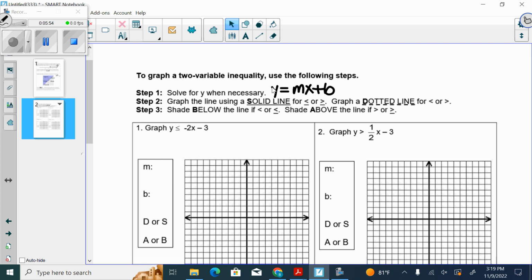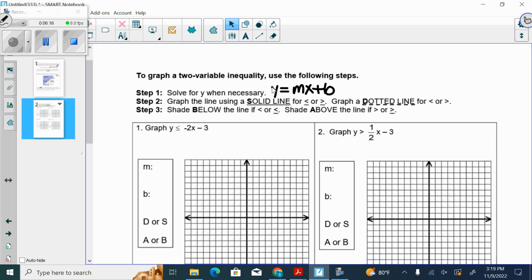Right? Then it says you shade below if it's a less than or equal to, shade above if it's greater than or equal to. So this is a little key for us to check to decide dotted or solid line, do I shade above or below? All right?